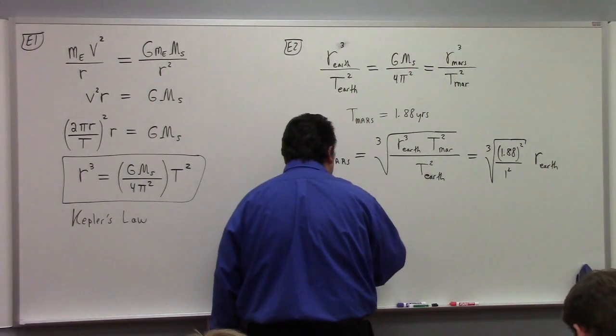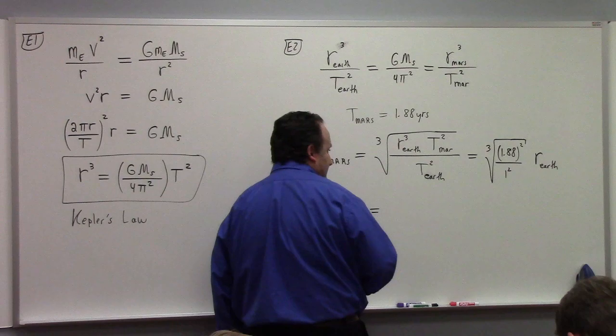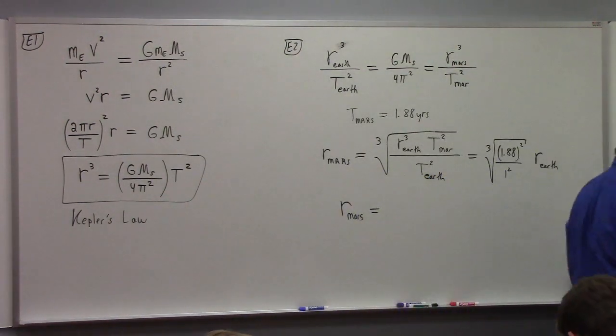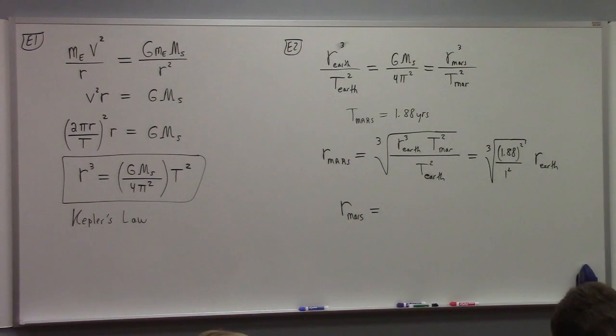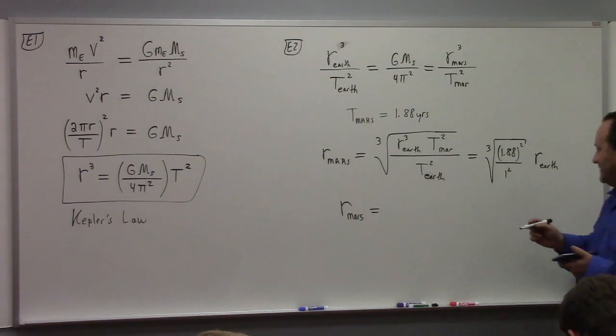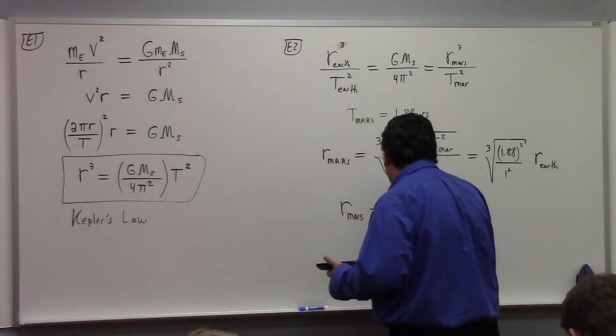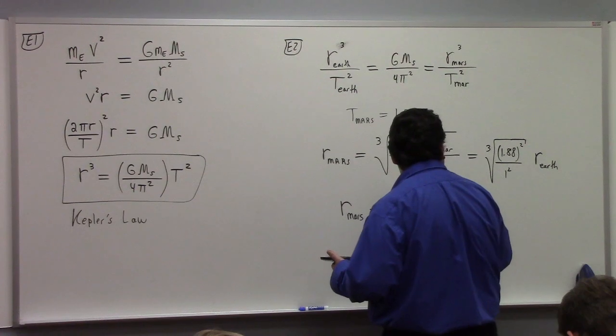So the radius of Mars's orbit is roughly what? This is not a calculator. What am I doing? What did you guys tell me? 1.52. 1.52? Is that right? Is Mars further out?